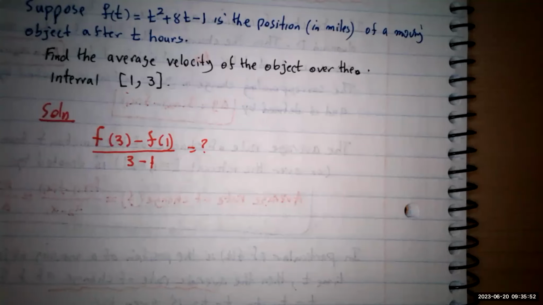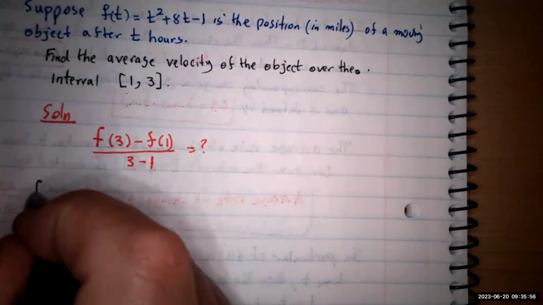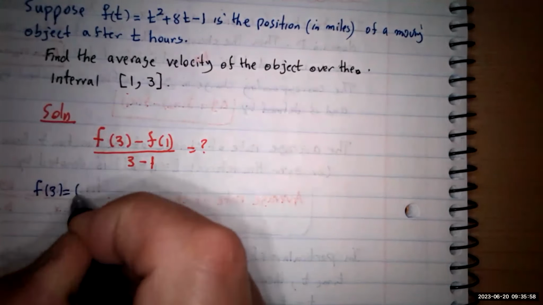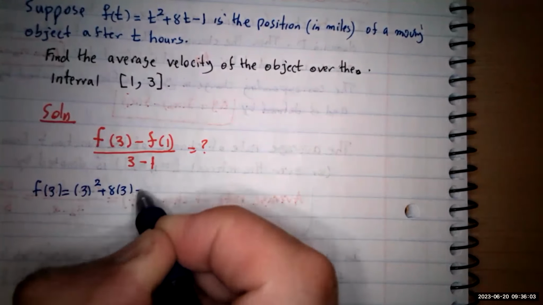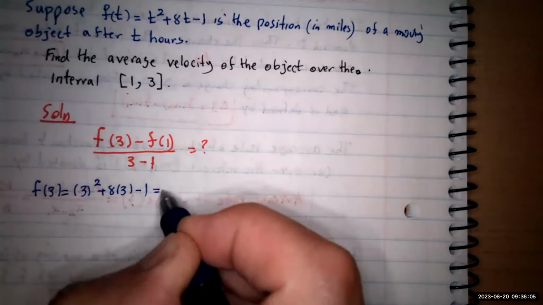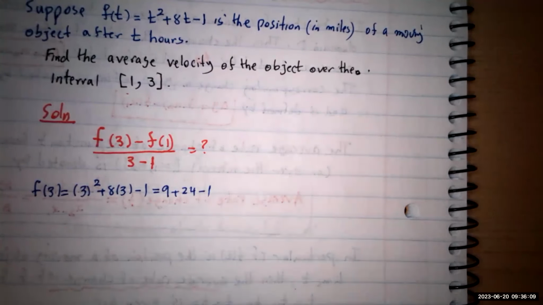Okay, so go and find f of 3. This is your function, substitute. So it's going to be f of 3, which is 3 squared plus 8 times 3 minus 1. 3 squared would be 9, 8 times 3 is 24, and minus 1.